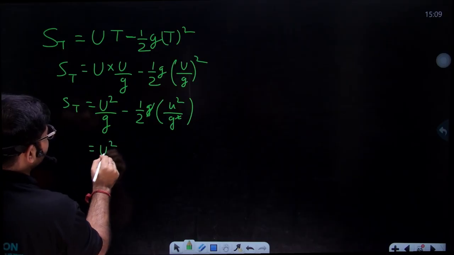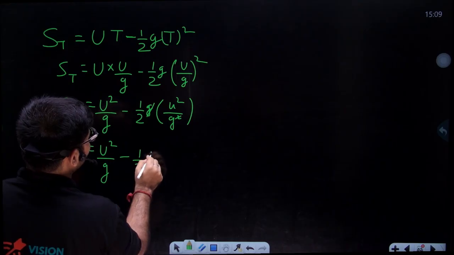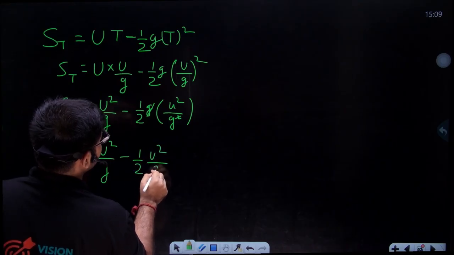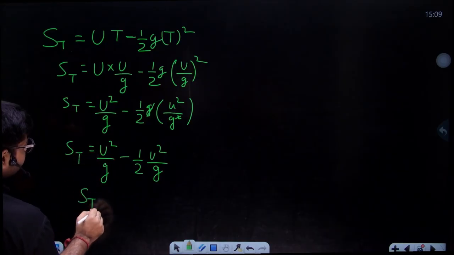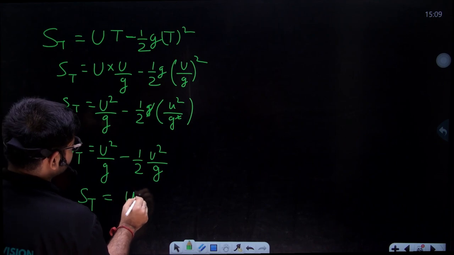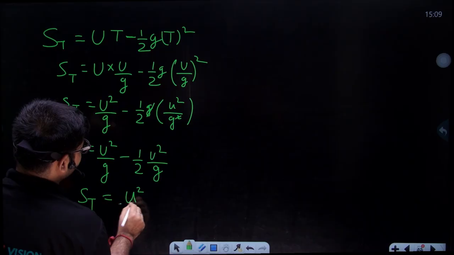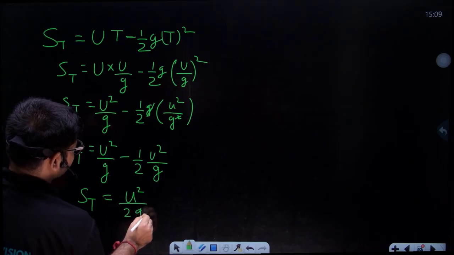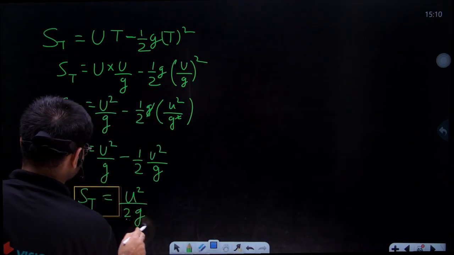It is u square by g minus half of u square by g. You will get u square by 2g. This is the value you are getting.